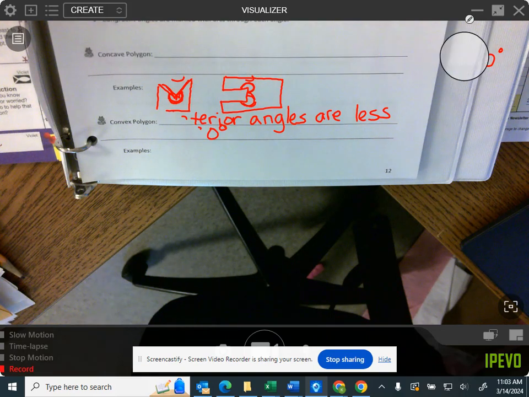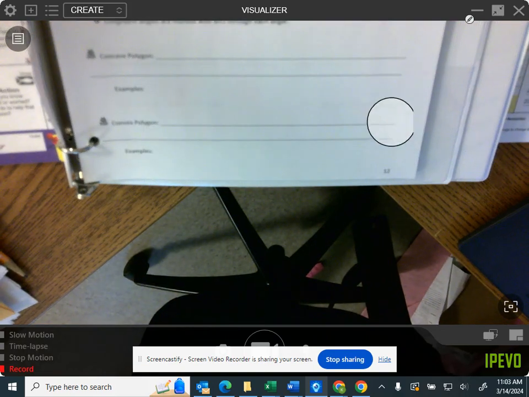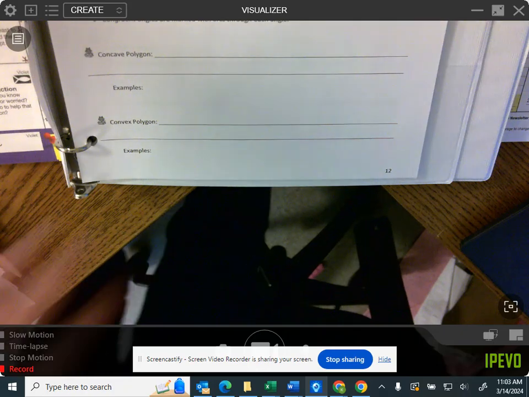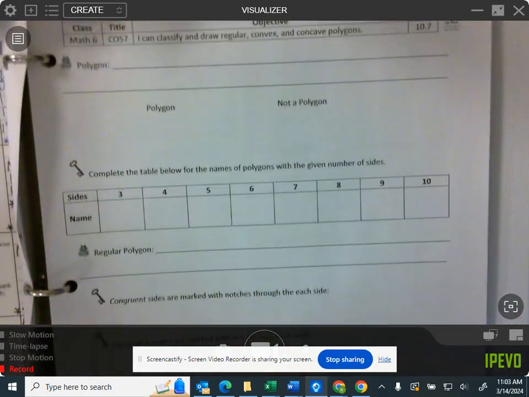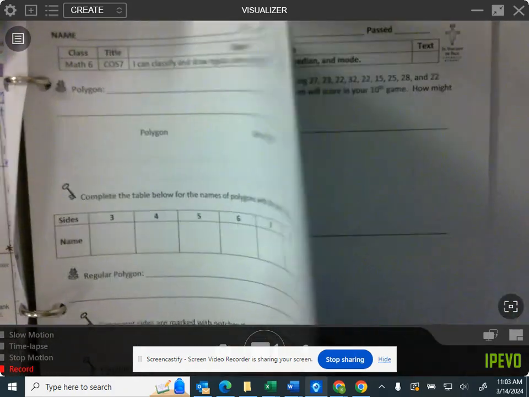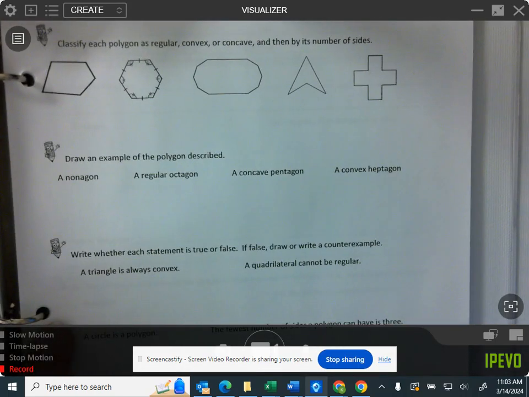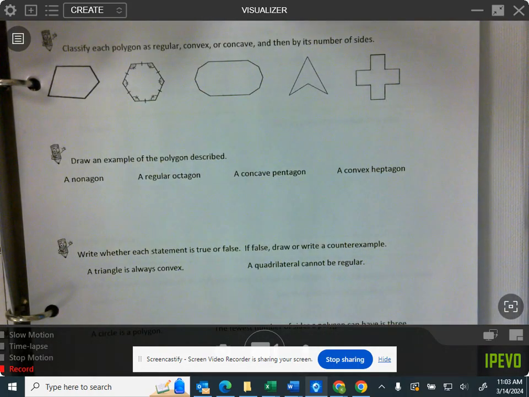Let's look at our second page. Classify each polygon as regular, convex, or concave, and then by its number of sides.